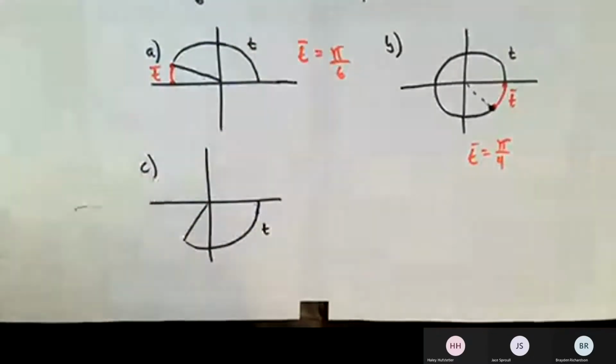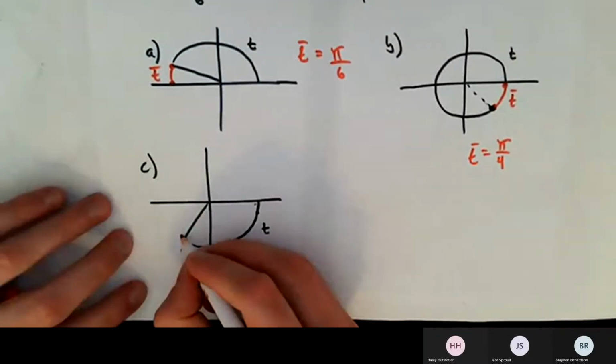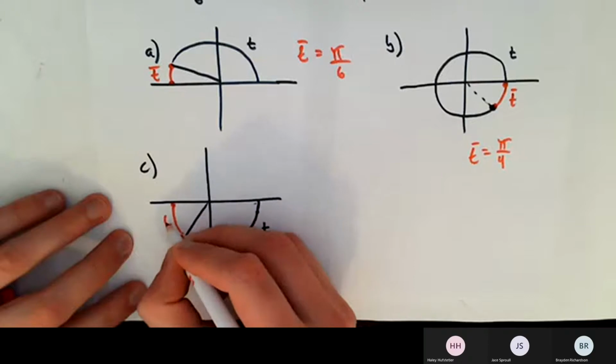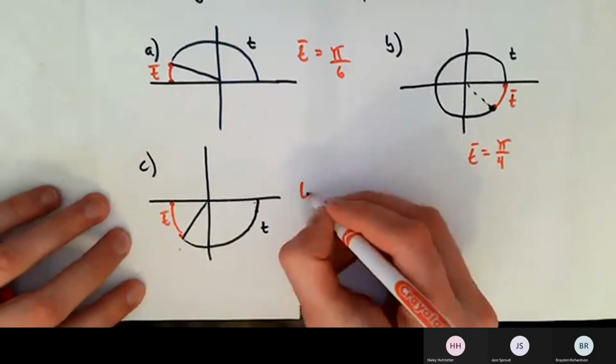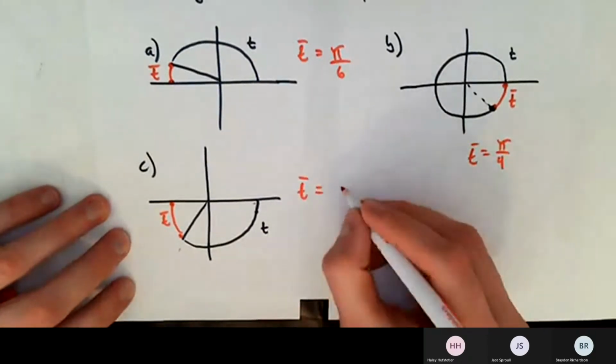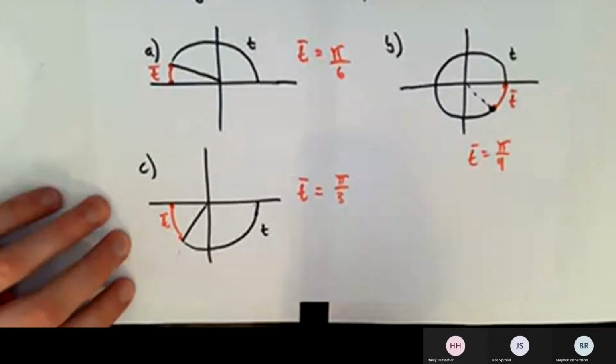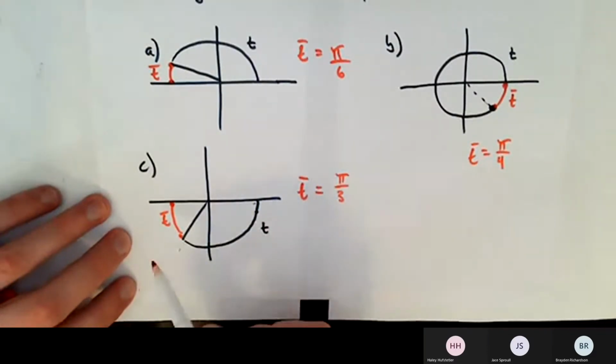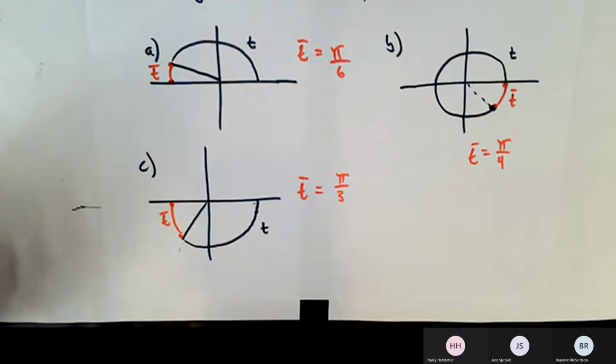And I want to find my reference number. This one is going to complete the angle, T bar there. Remember, reference numbers and angles are always positive, so this one must complete a half revolution, so T bar must be pi on 3.